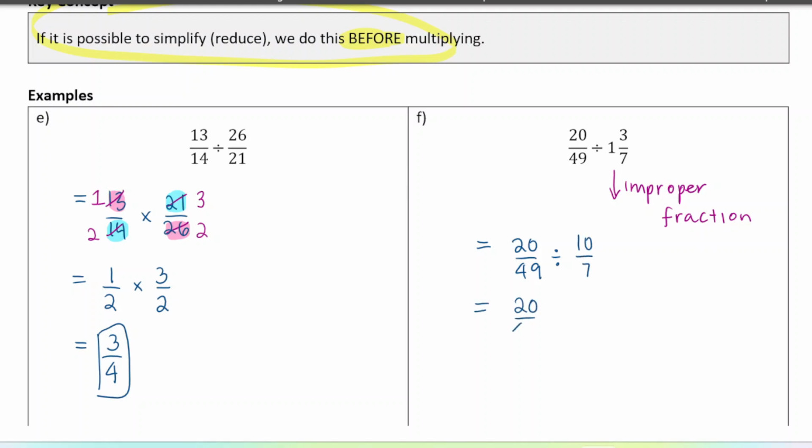Keep the first fraction, change the sign, flip the second fraction to its reciprocal. Okay, now I'm ready to reduce. So I look for any reductions that I can make. I see that there's a 7 and 49. Those can both be divided by 7. And I also see I have a 20 and a 10. Those can be divided by 10.